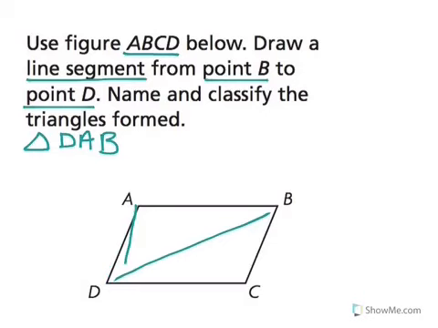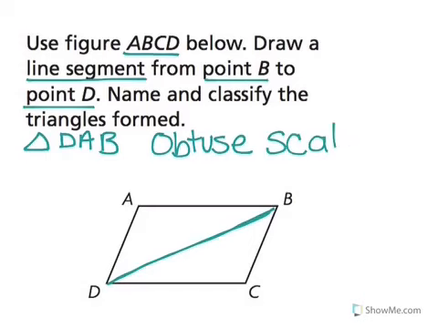Okay, so this looks to me like it's greater than 90 degrees, so that would have to be an obtuse. And the length of our sides, they look like three different ones to me. So I think this is an obtuse scalene.